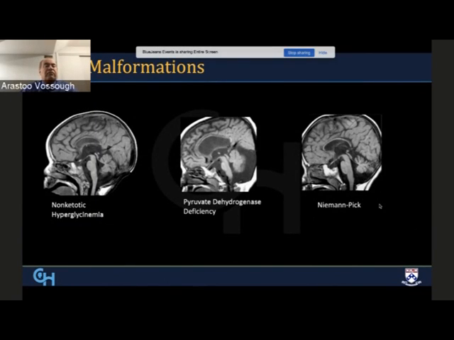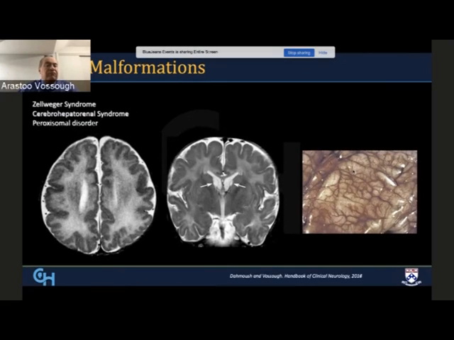Occasionally, you may have brain malformations. These are 3 disorders in which we have an abnormally thin corpus callosum, and these are disorders that may come into the differential diagnosis of leukodystrophies, although they may not be true leukodystrophies in the classic definition. Other brain malformations are sometimes seen along with the white matter changes.